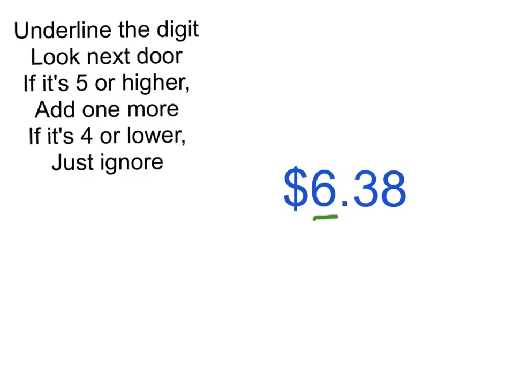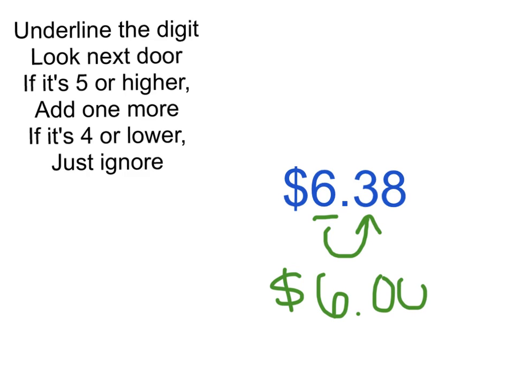Underline the digit, look next door. If it's 5 or higher, add 1 more. But it's not 5 or higher. If it's 4 or lower, which it is, just ignore. Now remember, ignore means we're going to leave the underlined number the same and change the rest to zeros.